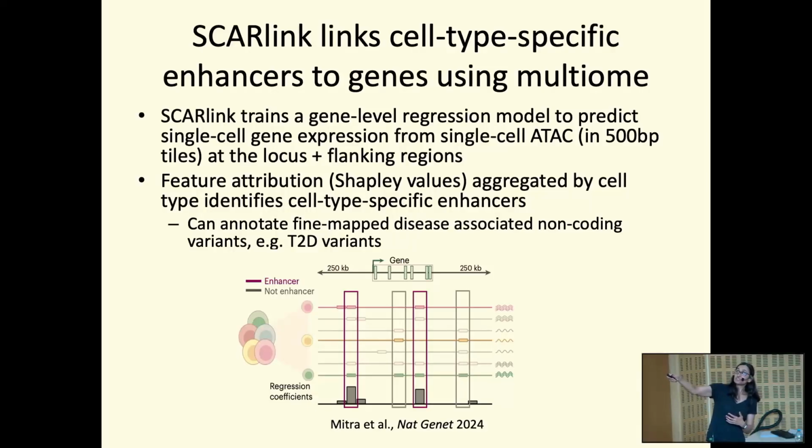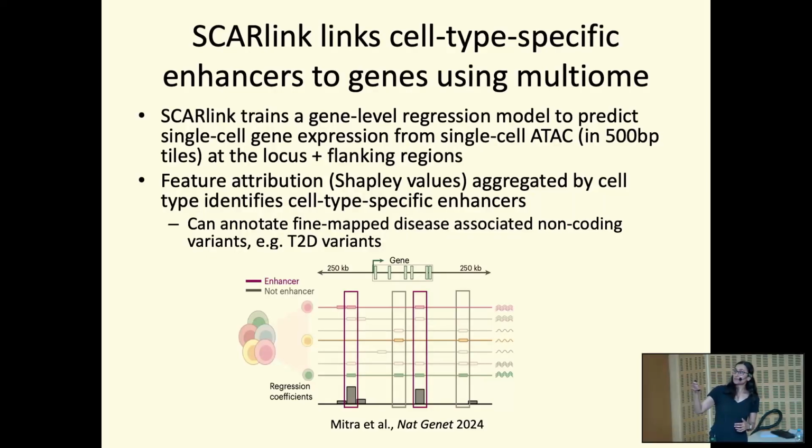We're taking the gene that we're trying to model, we look at just tiles, genomic tiles across the gene body and flanking regions, and we're learning this regression model that predicts gene expression, so predicting gene expression in single cells from chromatin accessibility in single cells.